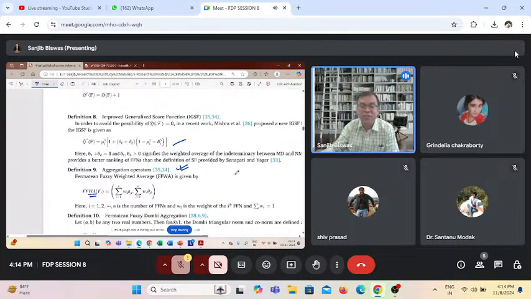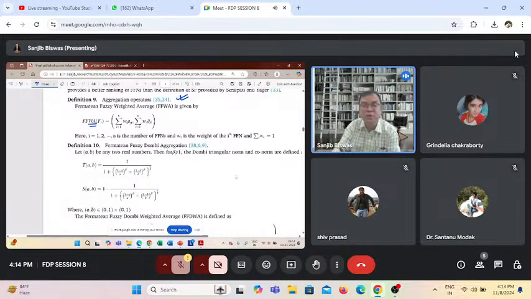So Fermatean fuzzy weighted aggregation is the sum of the weight of the decision maker multiplied by the rating mu, and the sum of the weight of the decision maker multiplied by the non-membership. But in our paper we use the Dombi aggregation, because the weighted one is very straightforward and we don't have any flexibility to check the sensitivity.